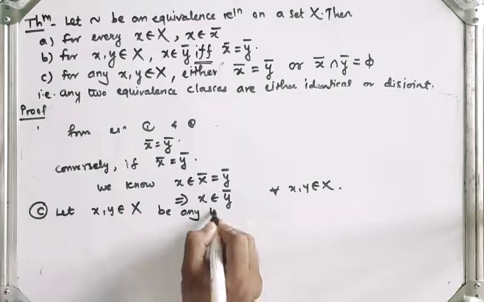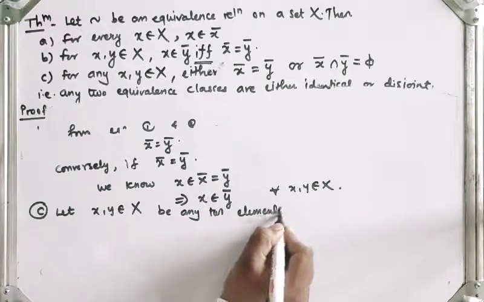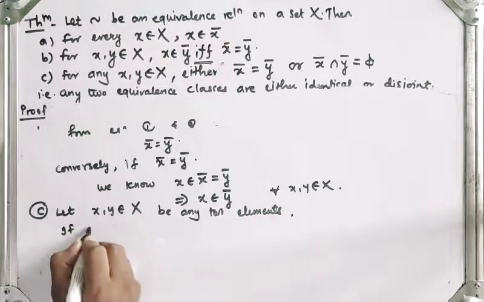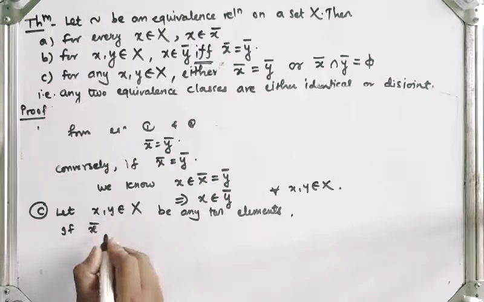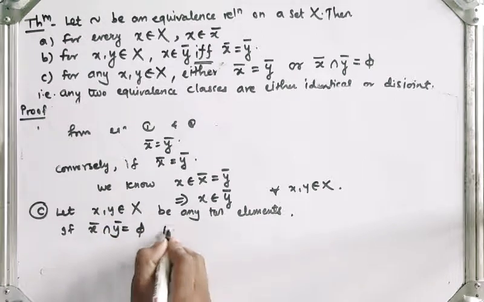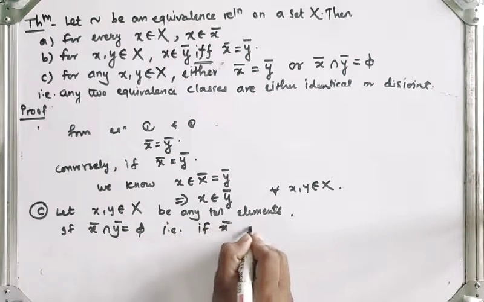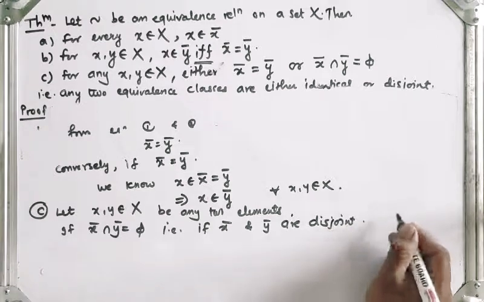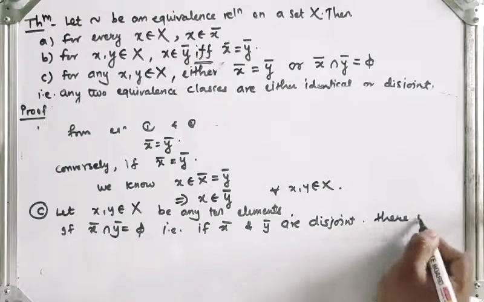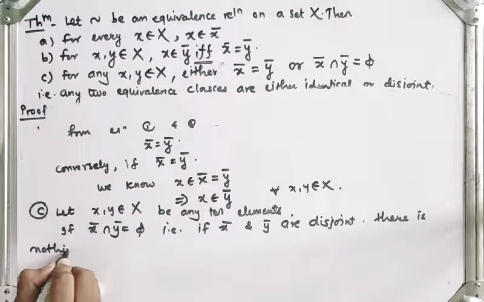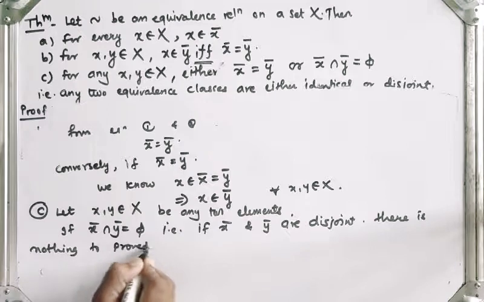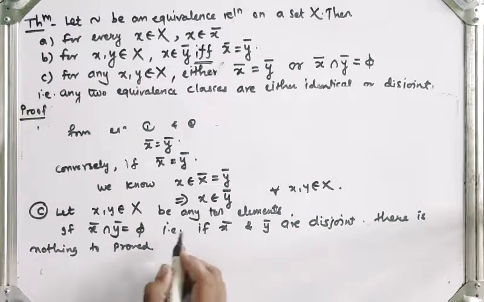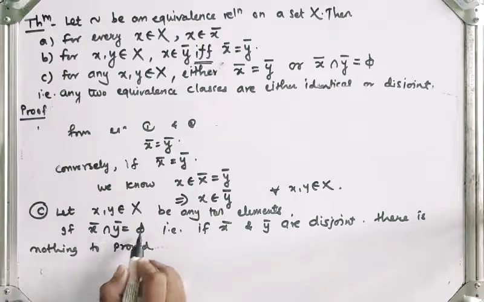Suppose x bar intersection y bar is empty, that is, x bar and y bar are disjoint sets, then there is nothing to prove, because if both are disjoint, then x bar intersection y bar is equal to the empty set.